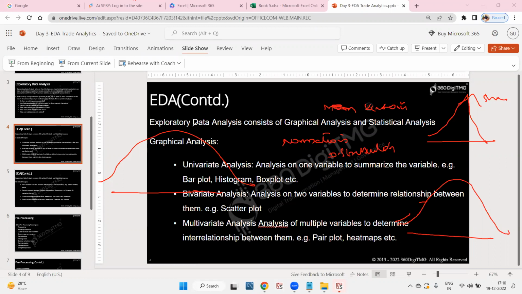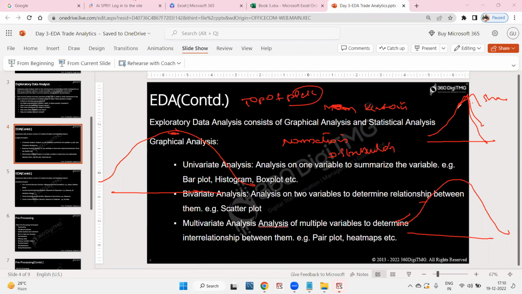But how do they vary? They vary from the top of the peak. That's why we call it measuring the peak.